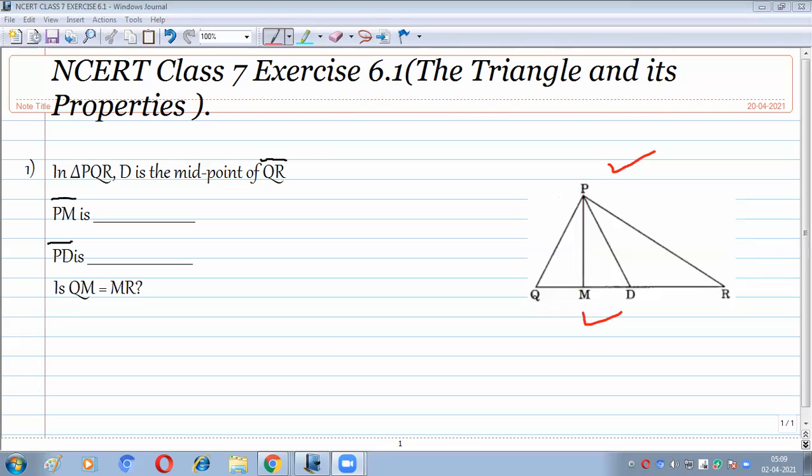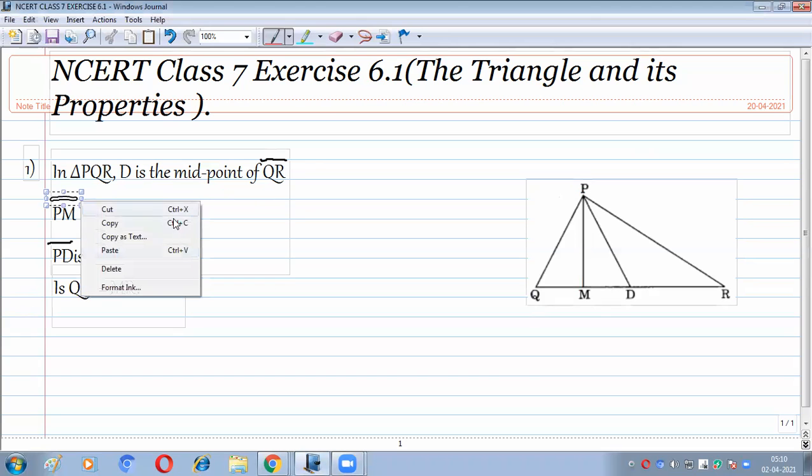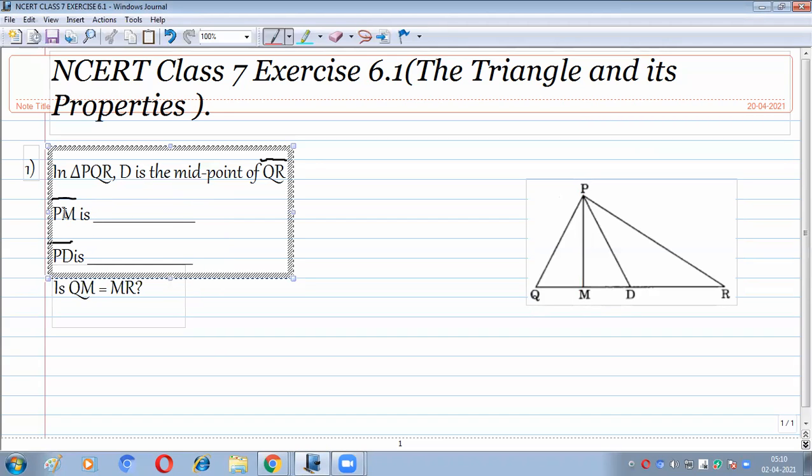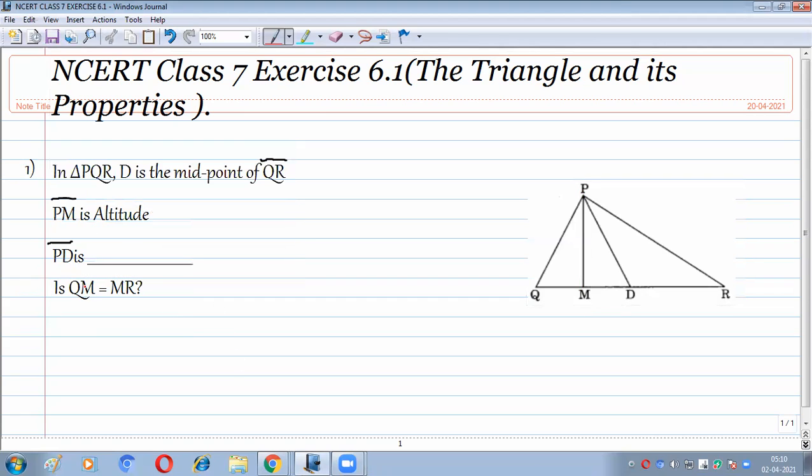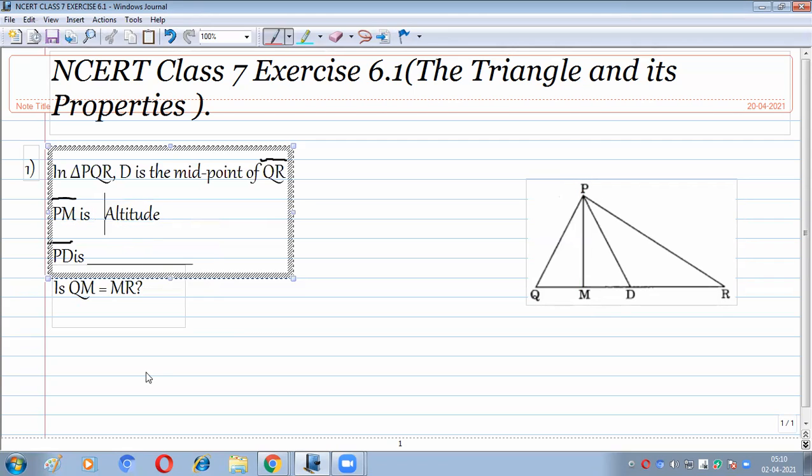A line which passes through a vertex and makes a perpendicular is called an altitude. So in this blank we will fill that line PM is altitude. Let's write here: line PM is altitude. Okay, done.